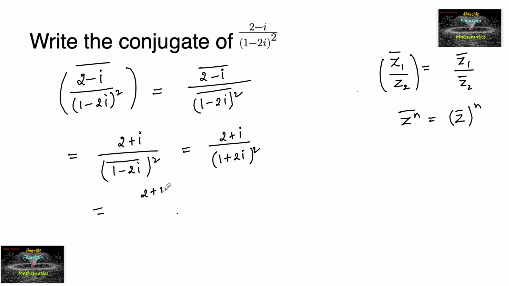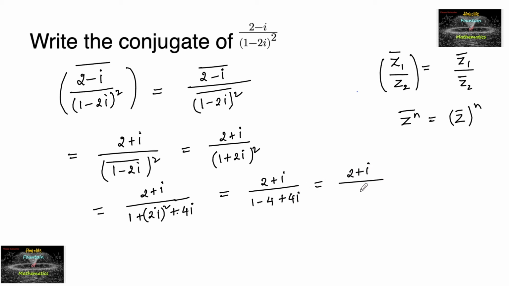So we can write 2 plus i upon 1 plus 2i whole square. 1 plus 2i whole square is 1 plus 2i square plus 2 into 1 into 2i, that is 4i. So which is equal to 2 plus i upon 1 plus 4i square, that is minus 4, plus 4i, which is equal to 2 plus i upon minus 3 plus 4i.